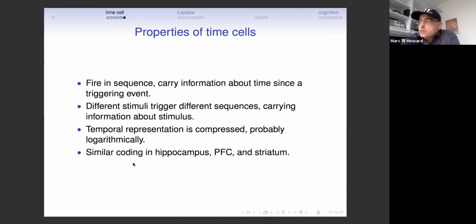Because of these two properties, we can decode what happened when from this population. We're certain that the temporal axis is compressed. There's decreasing accuracy for events further in the past, and we think it's probably logarithmic.